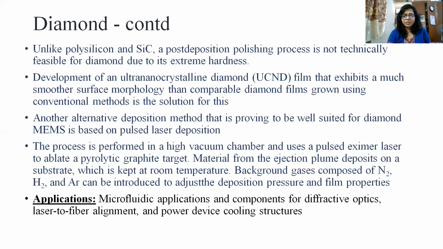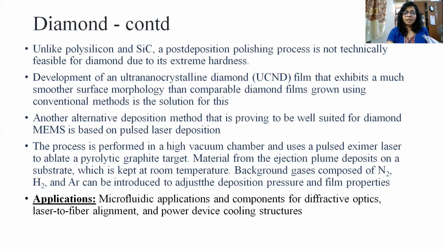Development of an ultrananocrystalline diamond (UNCD) film that exhibits a much smoother film surface, and is compatible with diamond film grown using conventional methods, is a solution for this. Another alternative deposition method that is proving to be well suited for diamond MEMS is pulsed laser deposition.